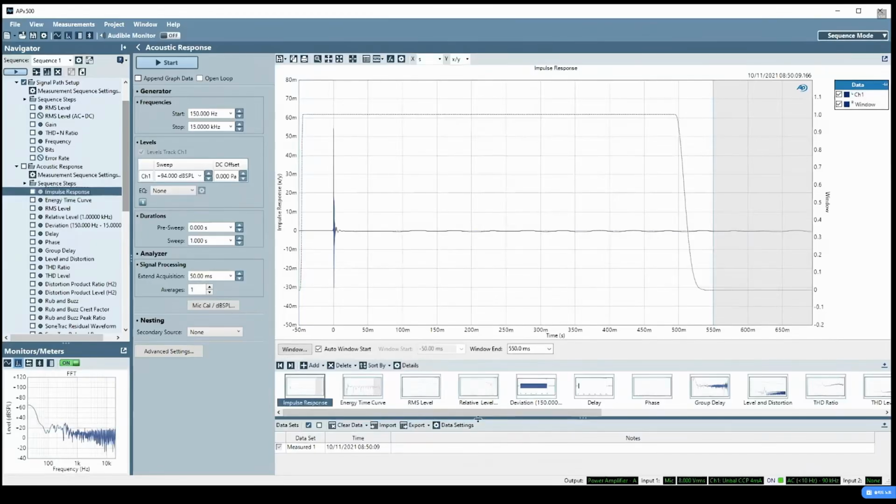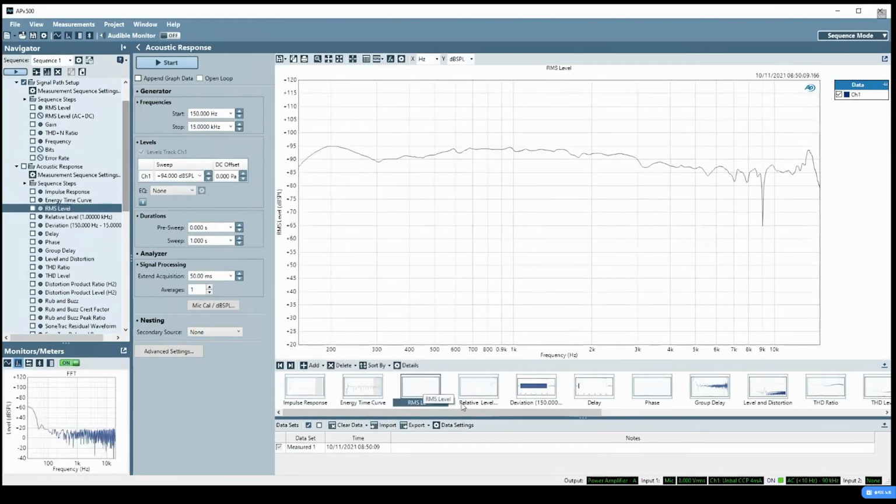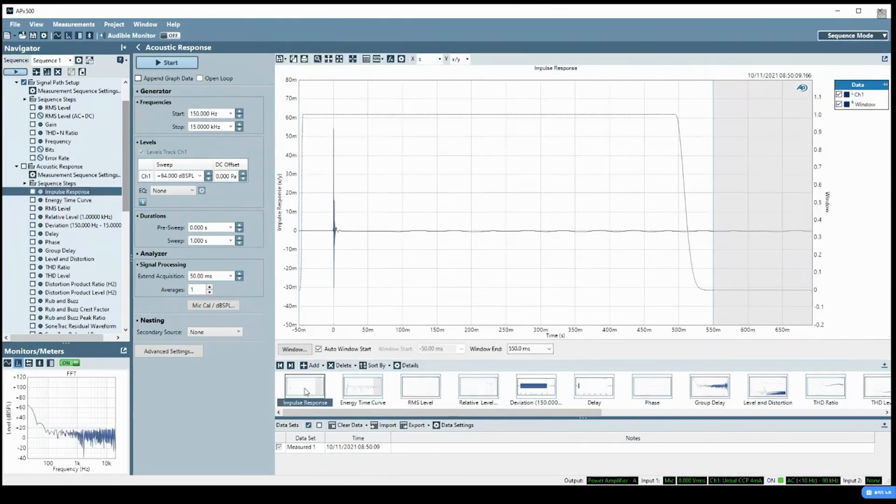One thing I would like to point out, and you'll be able to see this in the film strip at the bottom. Here we have our RMS level response of the loudspeaker, and you can see there's no grey area on there due to our positioning of the time window.